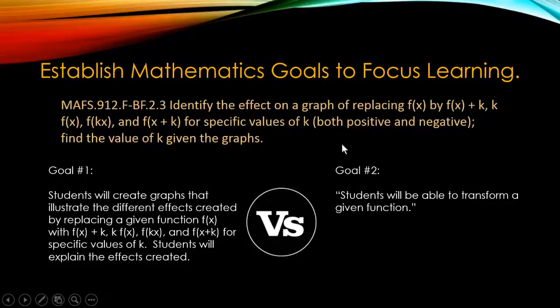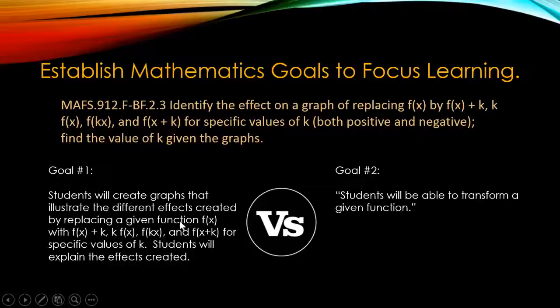Goal 1 is very specific about what students are to know and be able to do. Goal 1 addresses the conceptual understanding of transformations. It requires students, first of all, to illustrate the different effects created by replacing a given function f of x with each of these. And students have to explain the effects that are created.